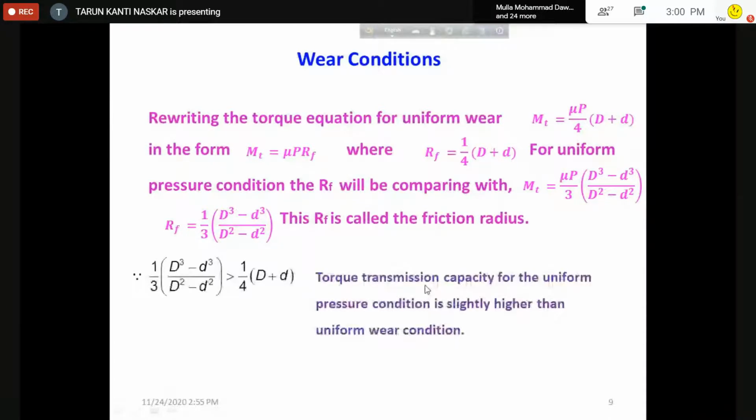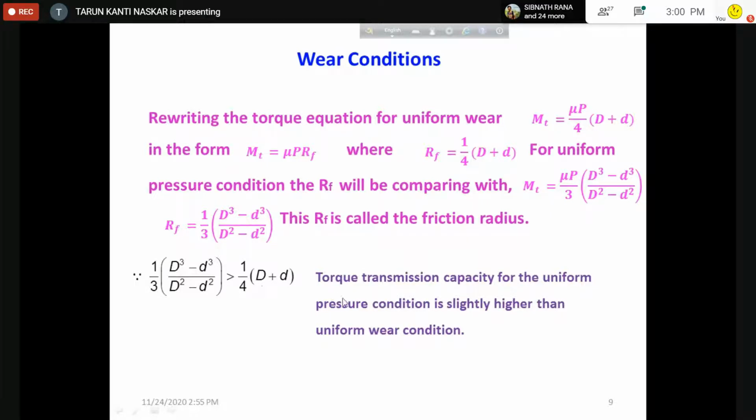Now you see, this is Rf for the uniform wear condition, and this is Rf for the uniform pressure condition. This is greater than this. If you put in some values you can check that.